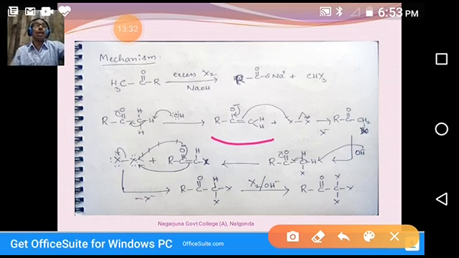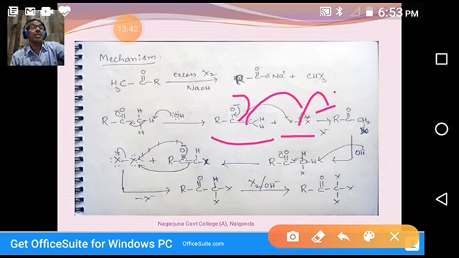So this carbanion, in the presence of halogen, due to delocalization, this minus charge attacks the halogen and one halogen goes away as X minus. This is a nucleophilic substitution reaction.